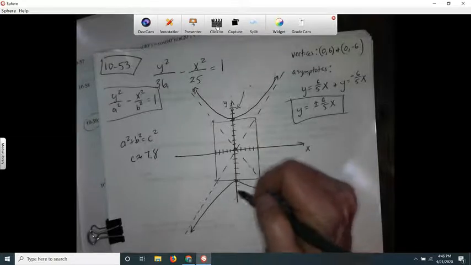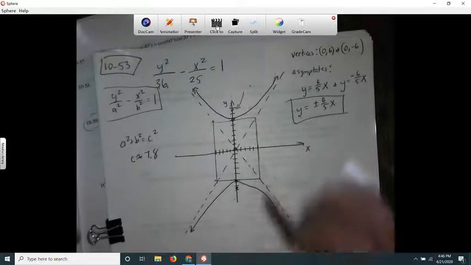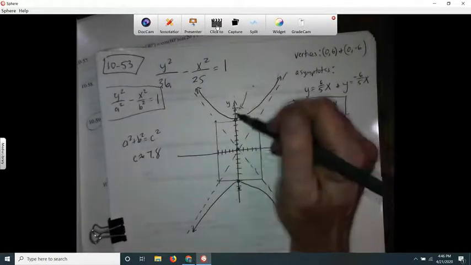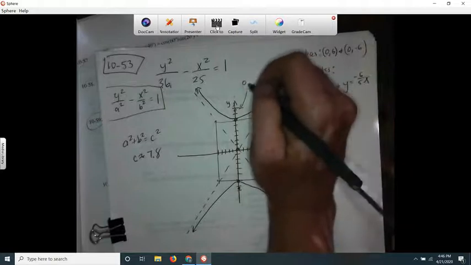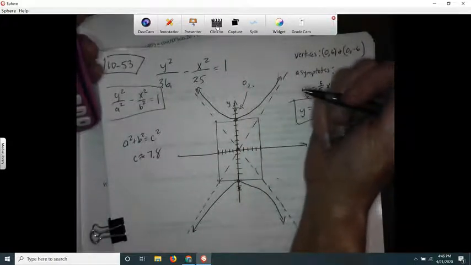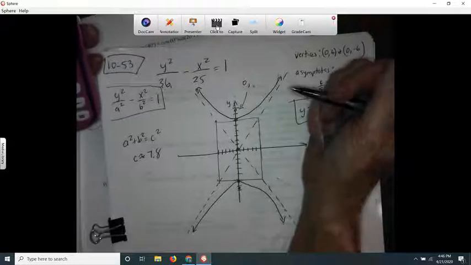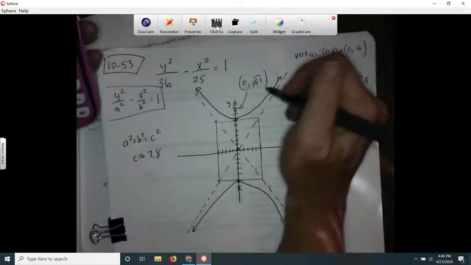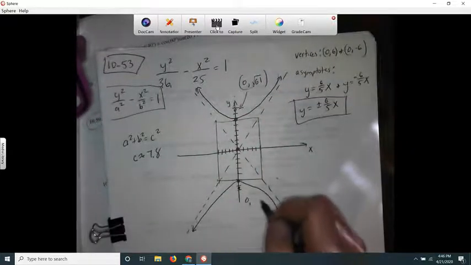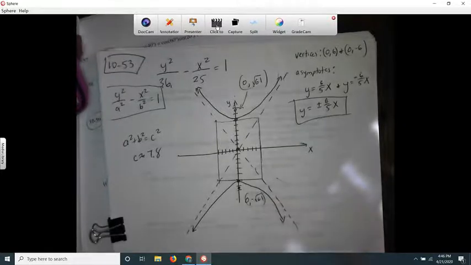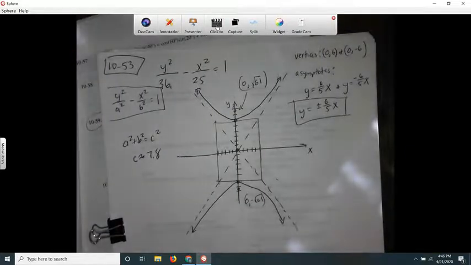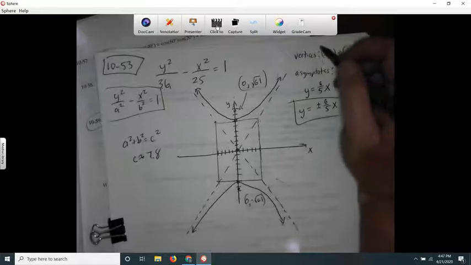And then you could calculate exactly the ordered pair, because it would be (0, root 61), wouldn't it? You don't need that part. I'm just giving you a little extra lecture time. All right, so I think we've answered everything. I said the asymptotes and the vertices, and that's it.